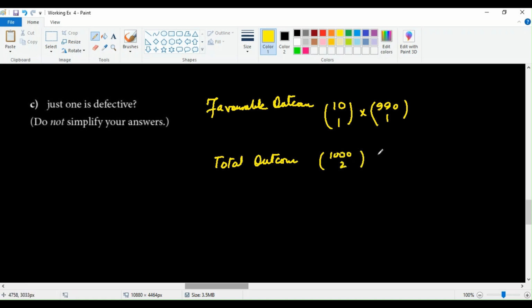So finally this calculation gives us 1000 times 999 divided by 2. So we have favorable outcomes, we have total outcomes.